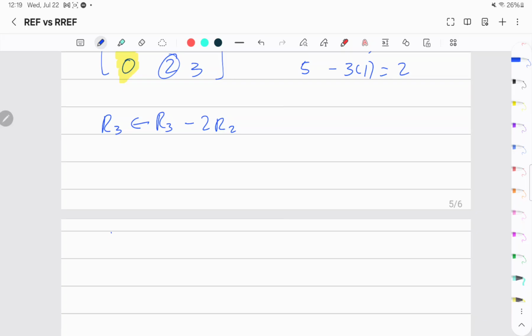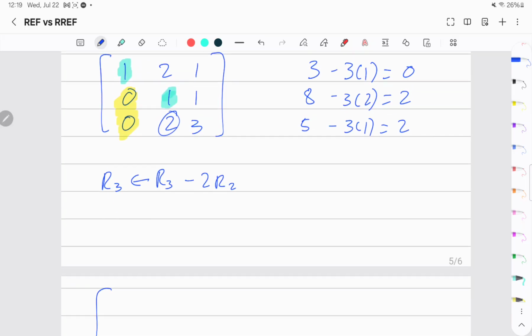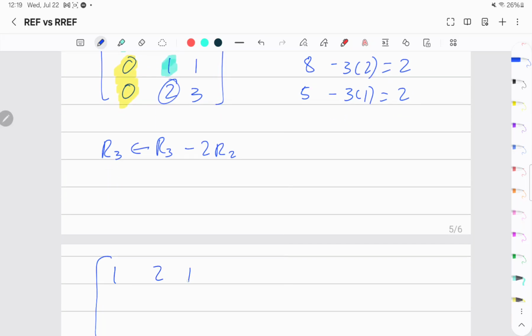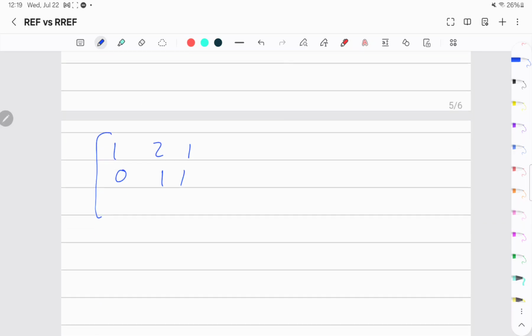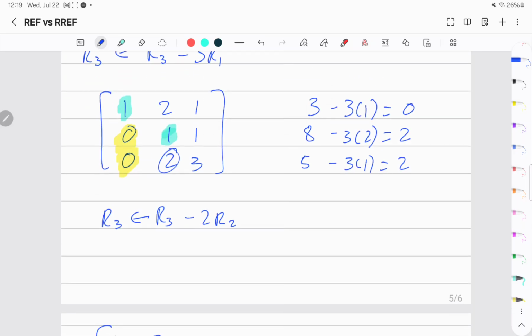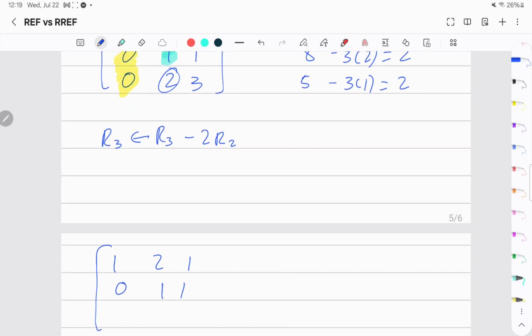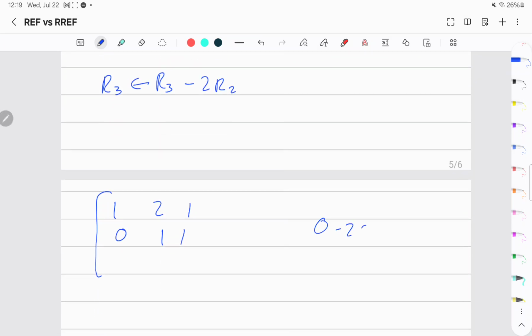Let's see what happens when I do that. Again, the first 2 rows stay the same, 1 2 1 and 0 1 1. Now let's do the subtraction together. It's 0 minus 2 times 0, which is indeed 0 in the end.